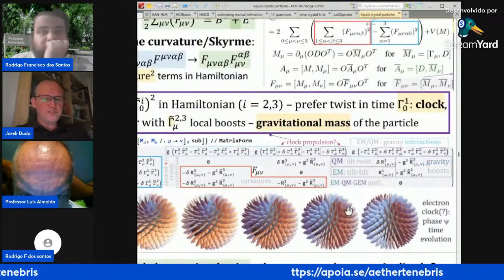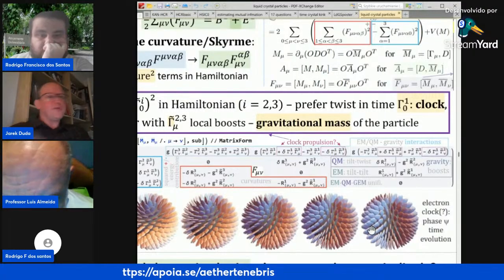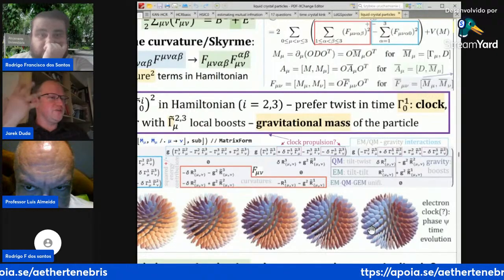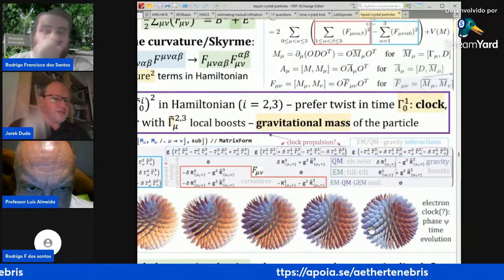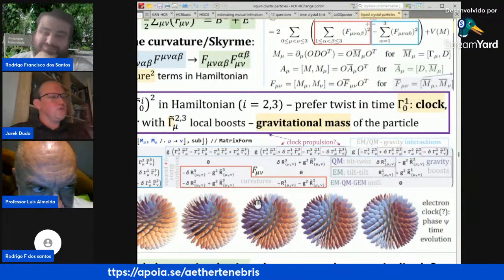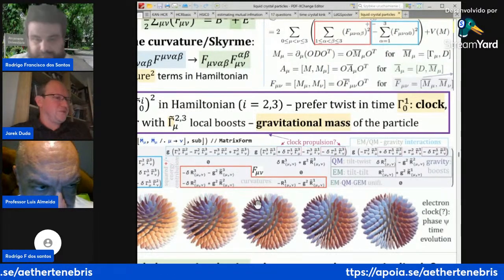So we have these particles as quantized topological charges, but still we don't know why they also have gravitational mass. This is very non-trivial. We get electric charge for Coulomb interaction from topology, but gravitational mass is not quantized, it's much smaller. So the question is why it also has gravitational mass.